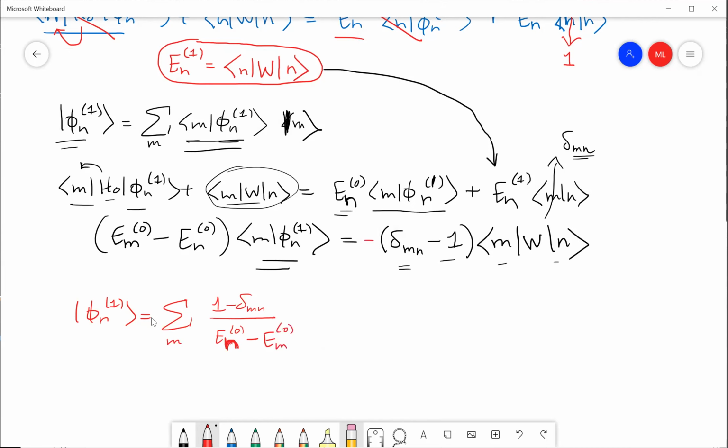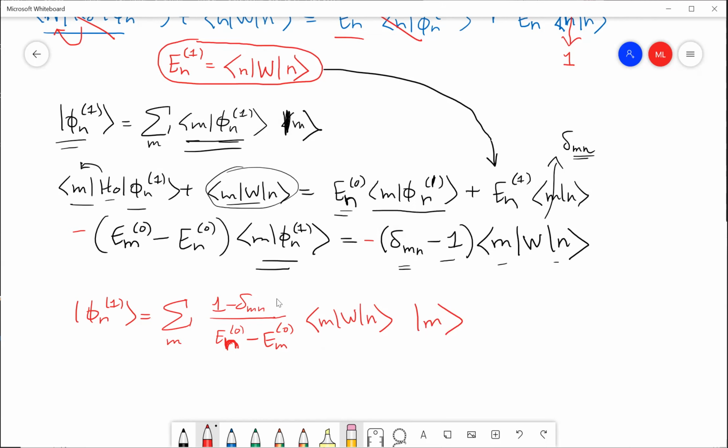I put minus signs on both sides, so this becomes 1 minus delta_mn, and this becomes E_n minus E_m. Divide through like that, and you get <m|W|n>, and this is the coefficient along the mth direction, the unperturbed direction.